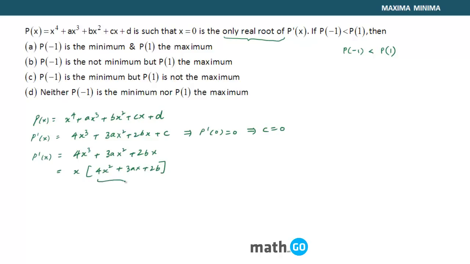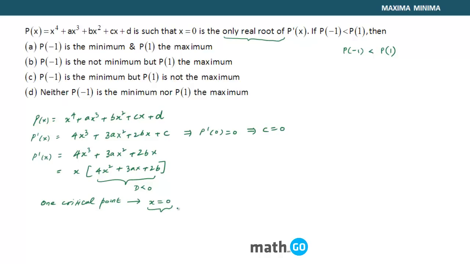And for this particular quadratic, we know that D would be less than 0. Why? Because it will have no other solution, since it is clearly given that P'(x) has only one root. So that means there is only one critical point, and that point is x equal to 0.